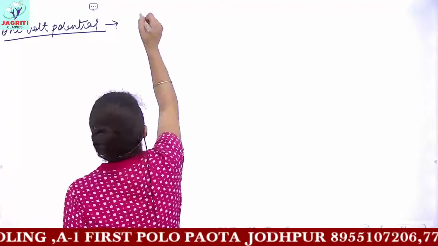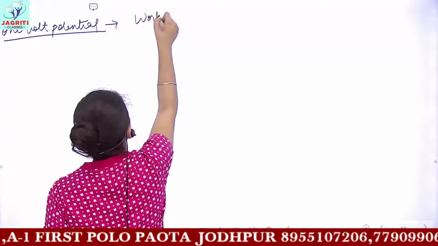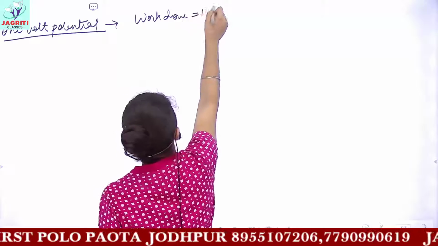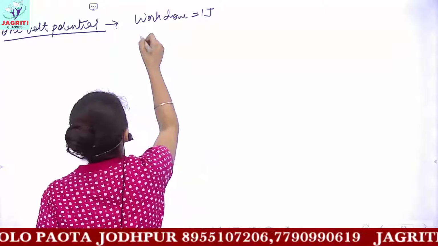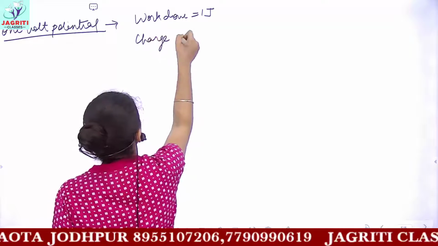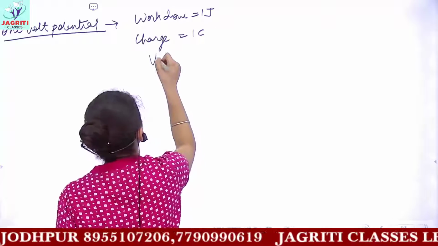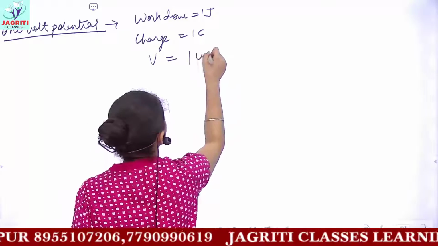So we can write, when work done is 1 joule, and the charge is 1 coulomb, then the value of potential is 1 volt.